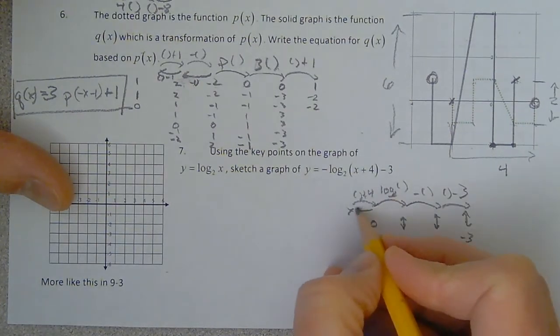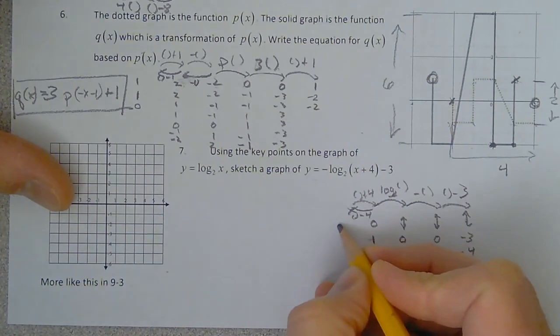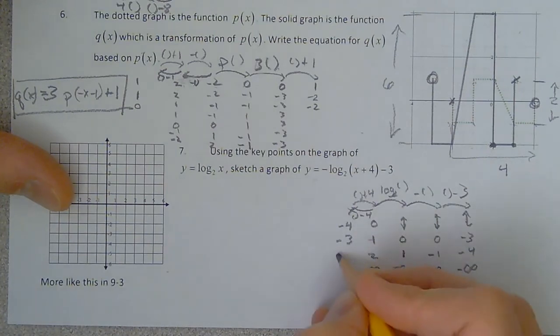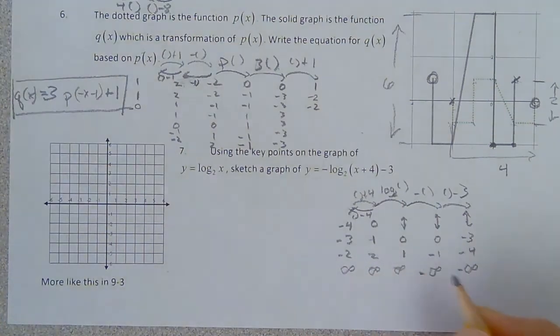And to move this direction then, it says I should subtract 4. So I'll get a negative 4, a negative 3, a negative 2, and this is still infinity.